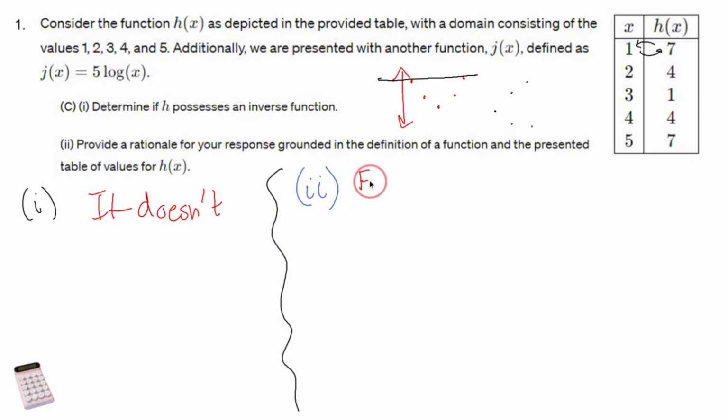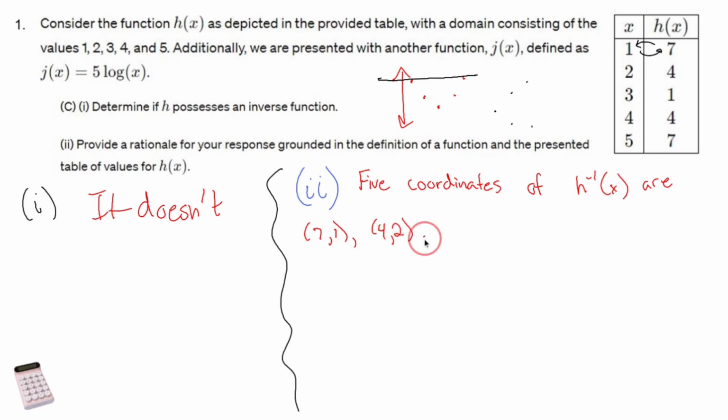5 points, or I didn't like the word points last time, so I'll change it to 5 coordinates of H inverse of X are, and I'll write it out again: (7, 1), (4, 2), (1, 3), (4, 4), and (7, 5).